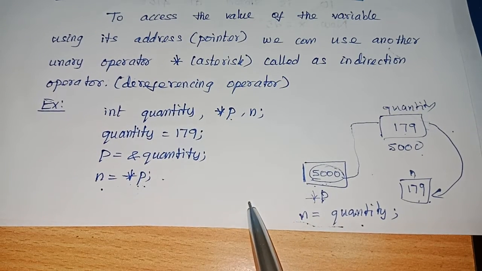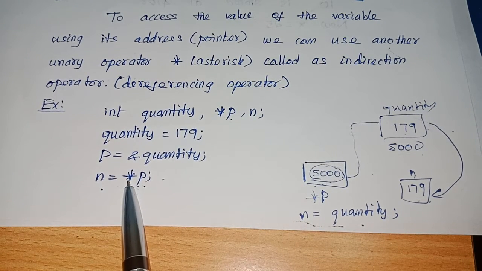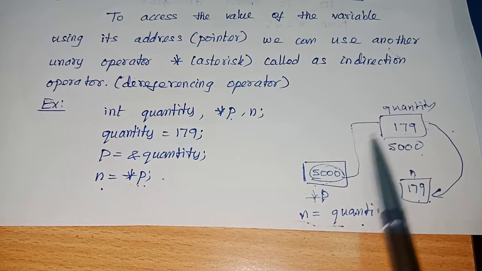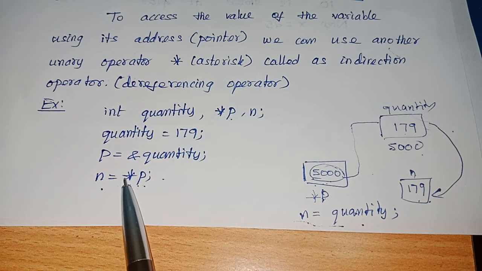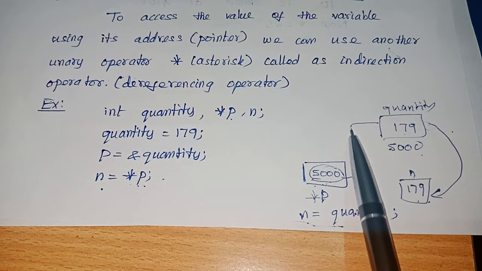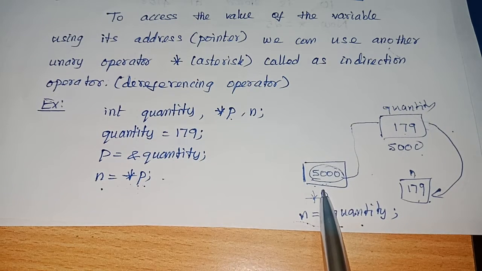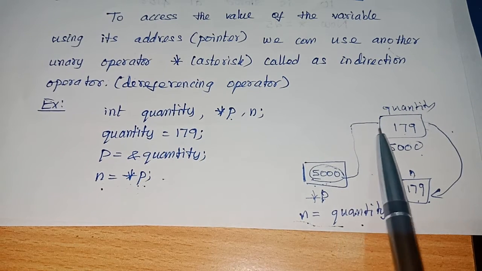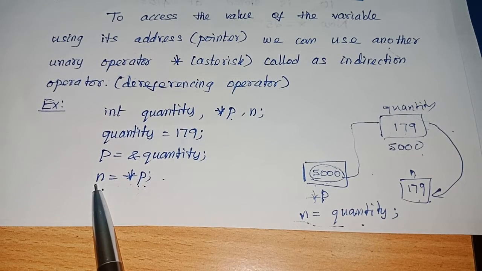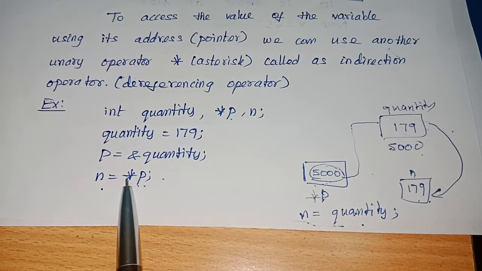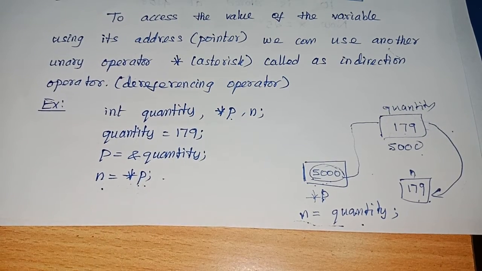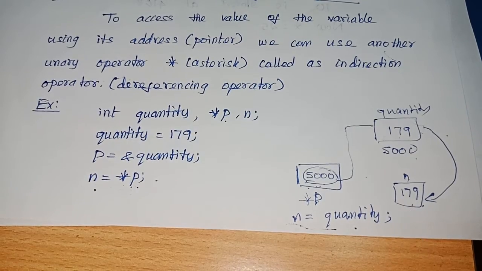It collects the address, and the star represents dereferencing, that is, it goes back to the address. It collects the address from p and moves back to that address, and in that address it collects the value and that value will be stored in n. So star p gets the value 179 and assigns it to n. Now n will be having 179.